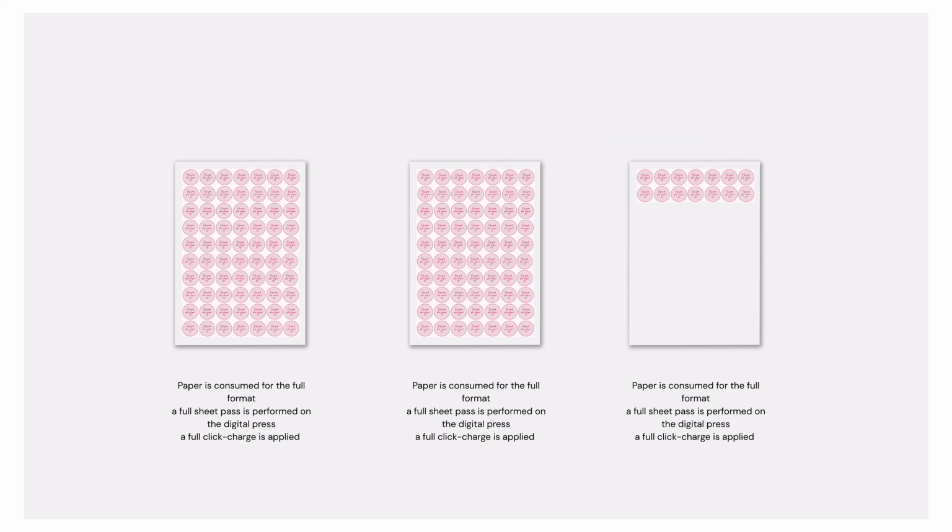At the same time, the actual production costs are the same for all three shades. Paper is consumed for the full format, a full shade pass is performed on the digital press, and a full click charge is applied for the third shade, despite the fact that it is barely used. The price is calculated based on area.